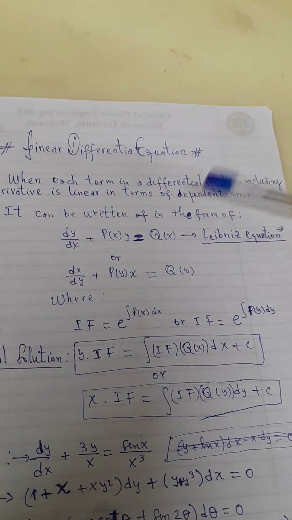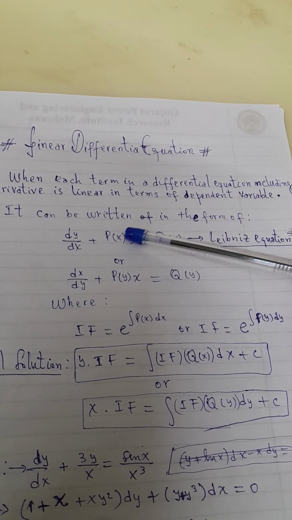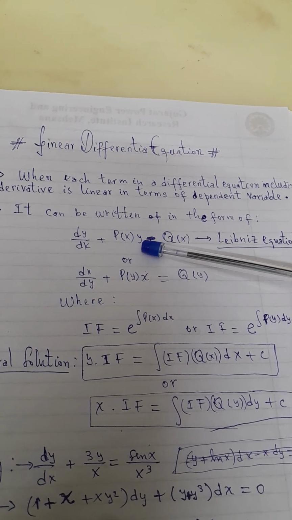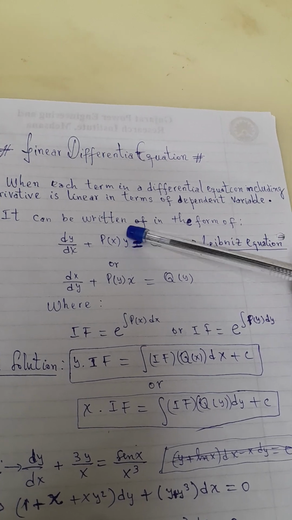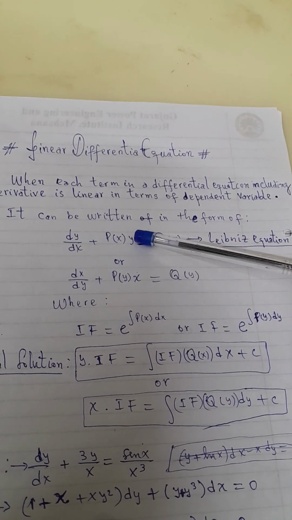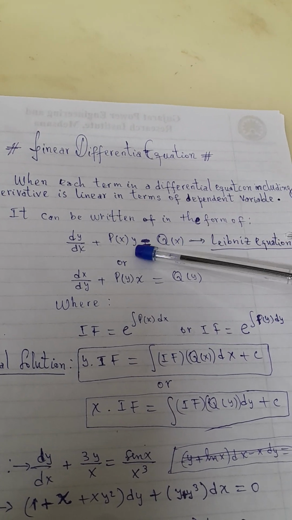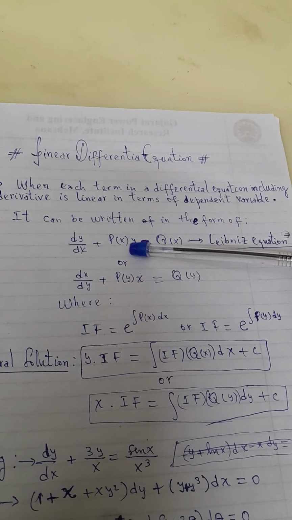As well, the term of the dependent variable in the equation is also linear. If you represent y with respect to x, it will be a line, like y equals x. So it will be a line directly.